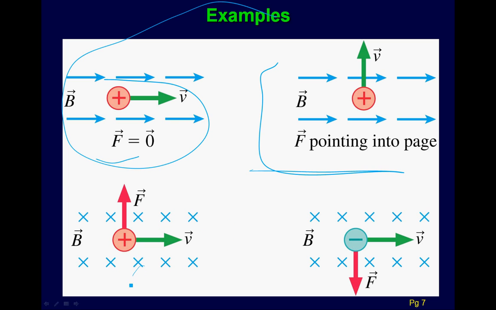In this bottom case, if my thumb is with the velocity and my fingers point into the page with the blue magnetic field, my palm points up, which is what the force does. Finally, for the situation with an electron, my thumb goes with the velocity, my fingers point into the magnetic field, and my palm would point up, but it's an electron, so it does the opposite, so it goes down.